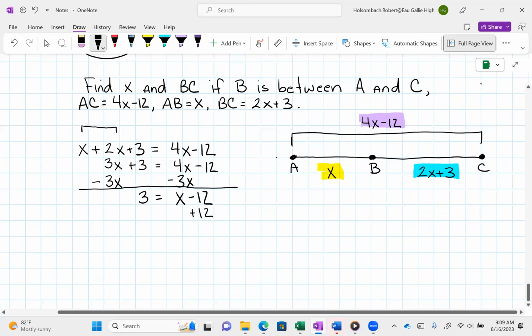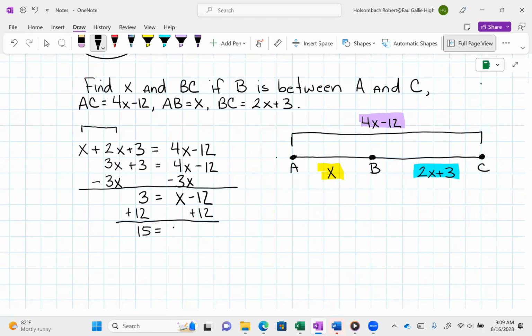So we're going to add the 12 to each side. And 15 is equal to x. There's your first answer. You were asked to find the value of x. So here's your x. X is equal to 15.